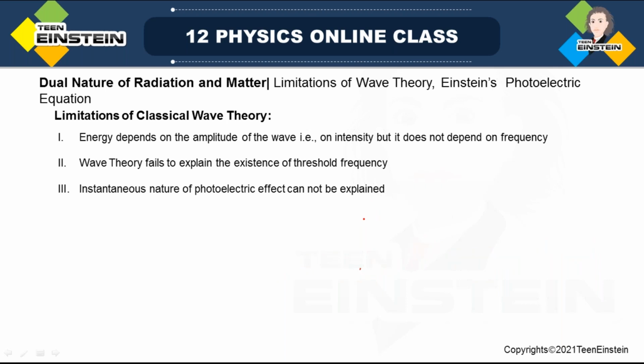According to wave theory, the wave is spread over a space, and the energy also is distributed over the space. So at a single time, energy is supplied to many electrons. Each electron absorbs different amounts of energy. In some cases, some electron may have enough energy to overcome the work function. Energy absorbed by electron.